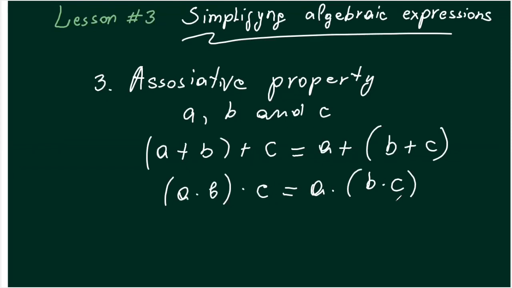It means who you associate with first. It doesn't matter if I group my first two numbers together or my second two numbers together. I am always going to have the same answer. And it also works for addition and multiplication only.